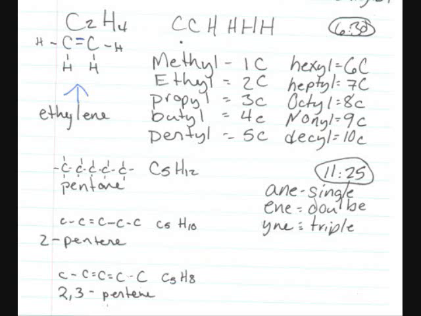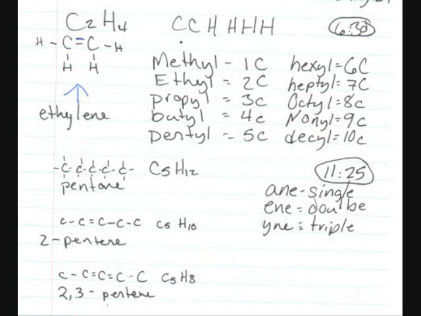Okay. So, if I had each dash is a hydrogen. How many carbons? 5. So what's my prefix going to be? Pentyl. Cut off the ending, so I have pen. What kind of bonds do I have between my carbons?